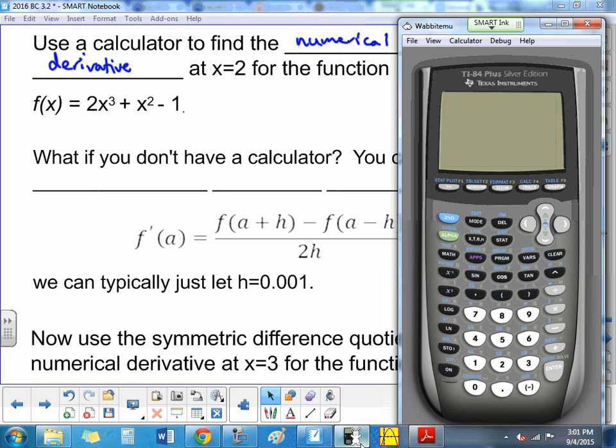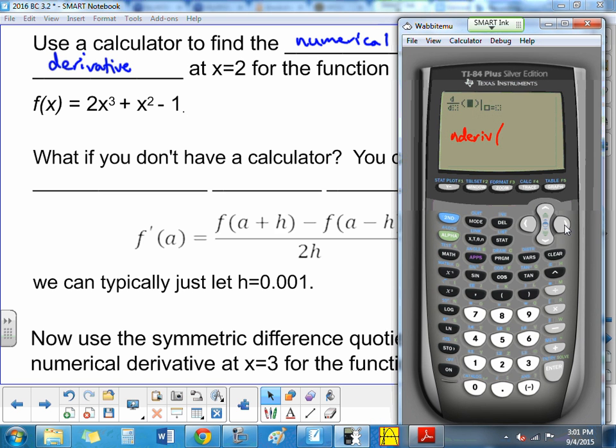Okay, so I'm going to do that real quick. If you just turn on your calculator, just go to the home screen. And you could just press Math 8. Math 8 will give you this, or maybe an older notation if you have the older operating system, that looks like this. nDeriv. In any case, you're going to type the function in this space right here.